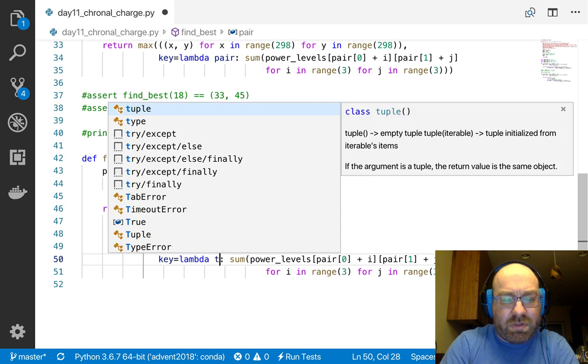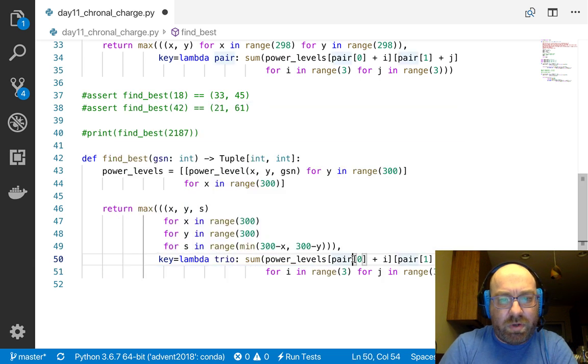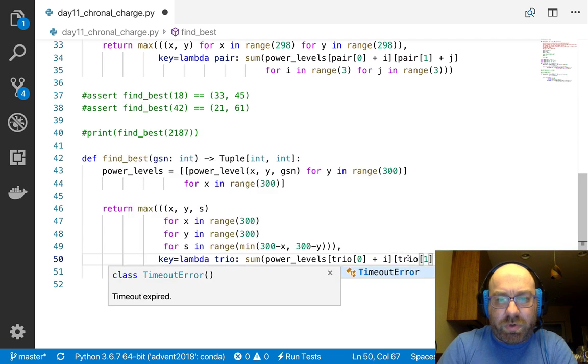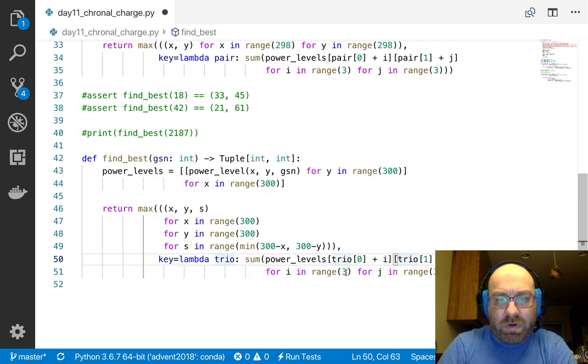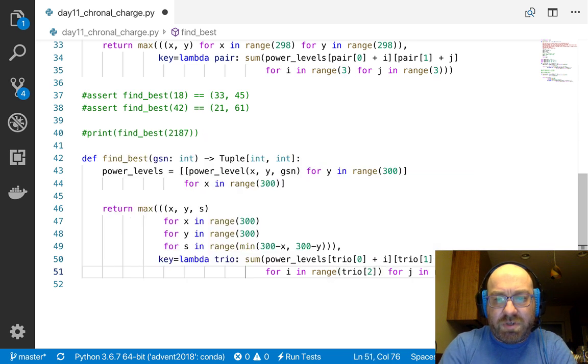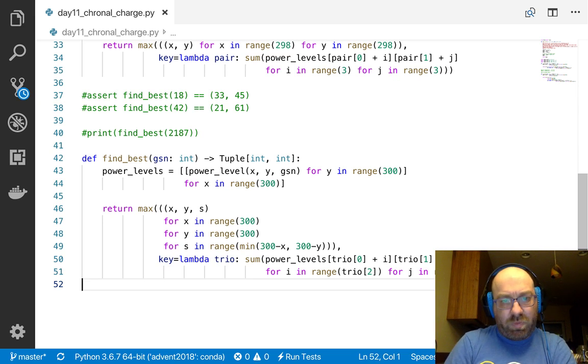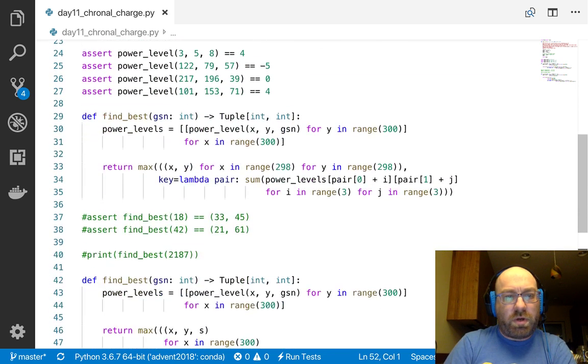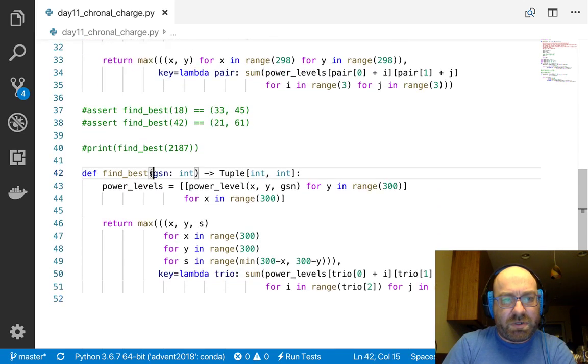But it's not going to be a pair anymore. It's going to be a trio: trio 0 plus i, trio 1 plus j, for i in range trio 2, and for j in range trio 2. So that will work. And let's call this find best 2.